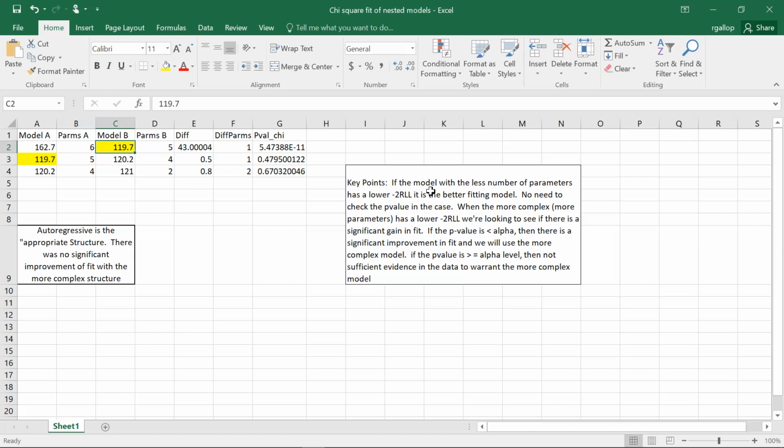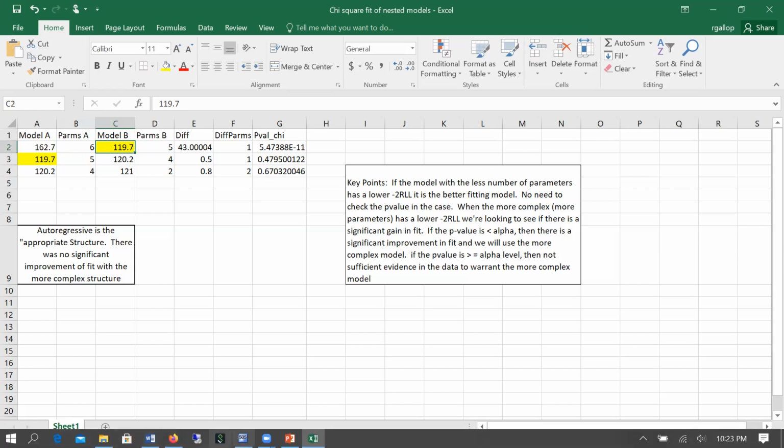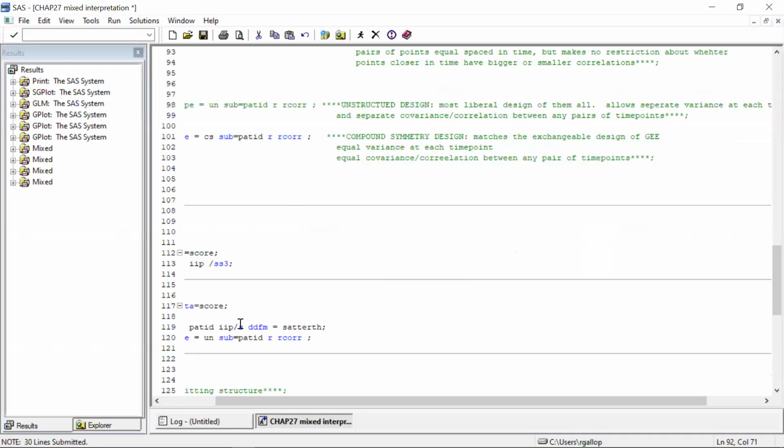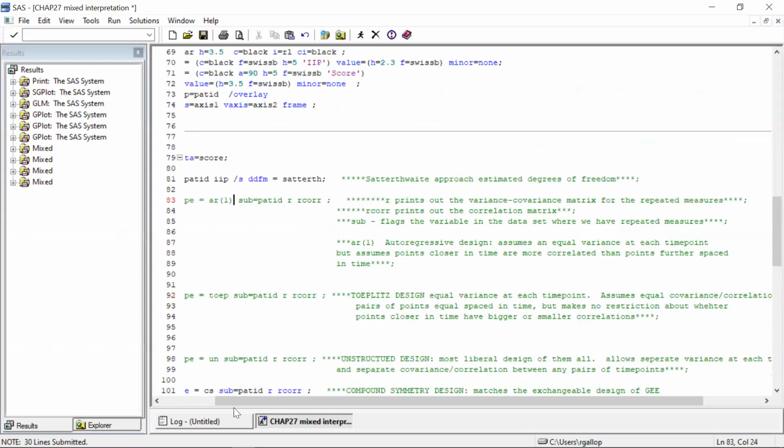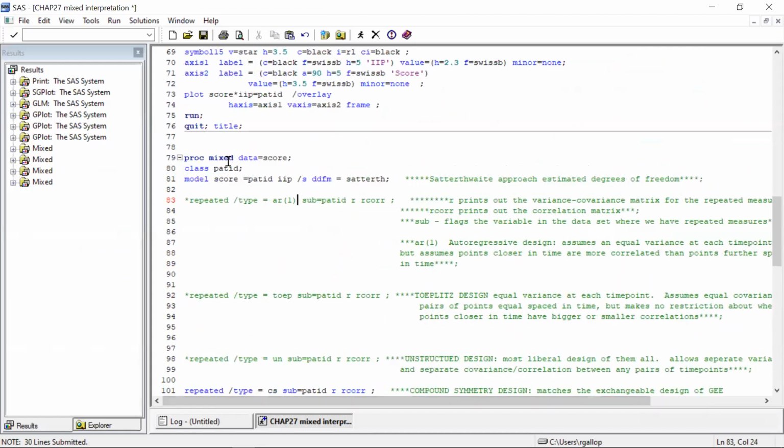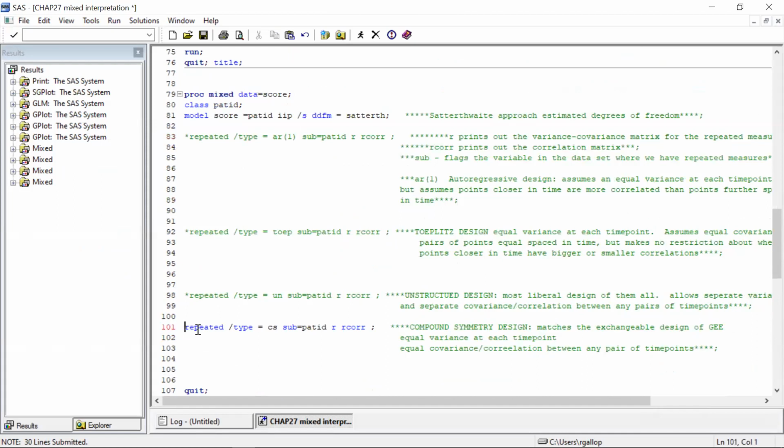design. And again, if we're keeping an eye on these, let me just run the unstructured really quick.